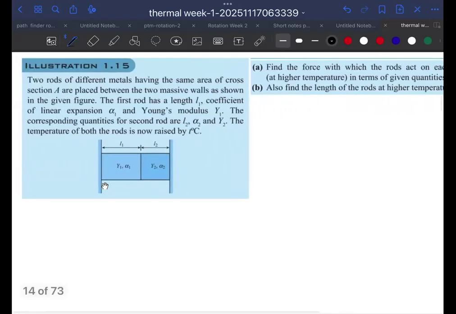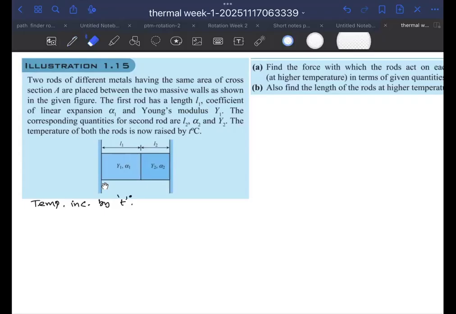Actually, let us say, temperature increased by some T degrees centigrade.